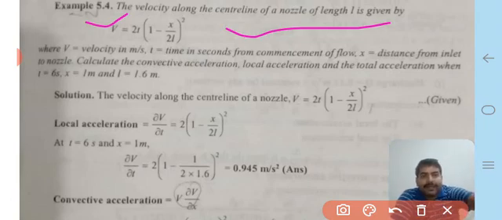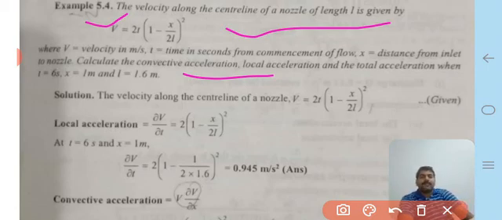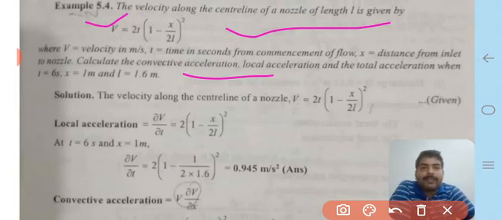Now calculate what is asked here: the convective acceleration, local acceleration as well as total acceleration when the time t is equal to 6 seconds, x is equal to 1 meter and L is equal to 1.6 meter, which are given in the question.